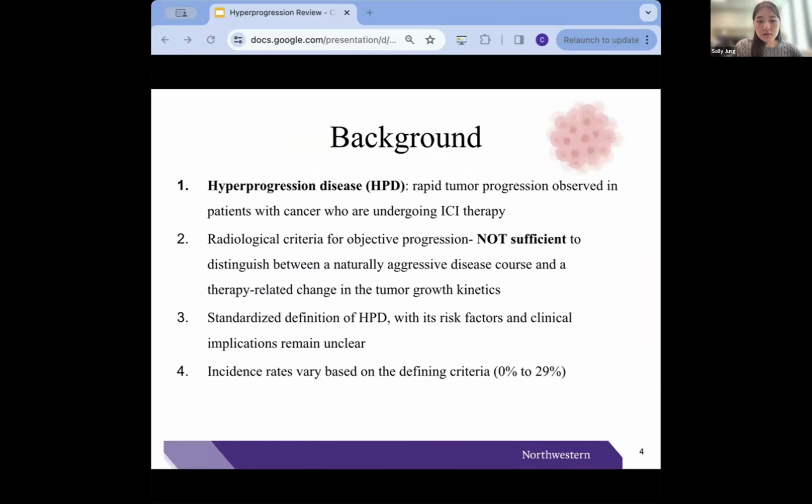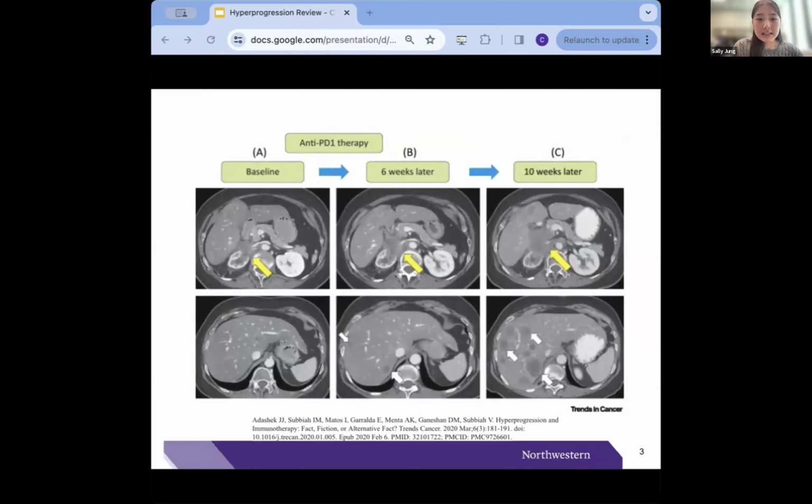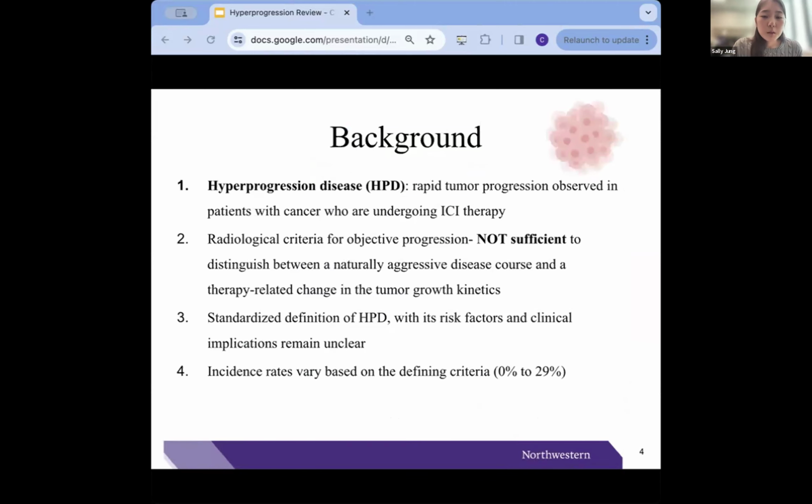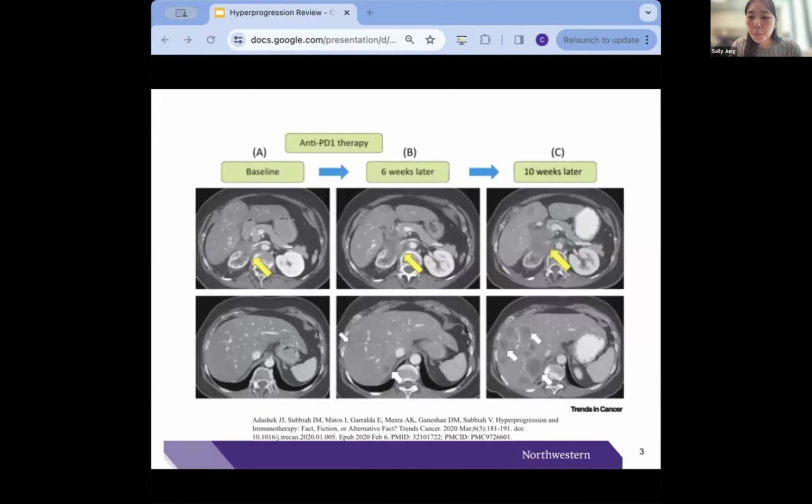So that's a renal cell? Yes, renal cell carcinoma. Okay, and just a single agent nivo? Yes. Do you know if it was first line, second line, third line? I can look that up and then tell you guys after.